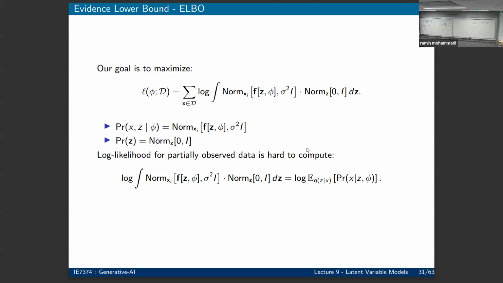You apply the log, taking the log likelihood, summation over all data points, of the likelihood of x given z times the prior of z.